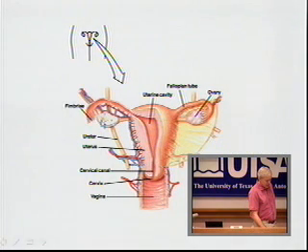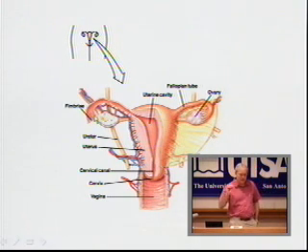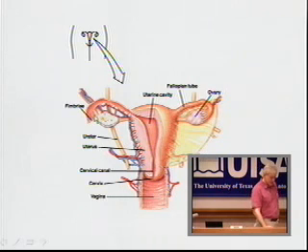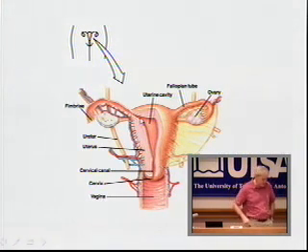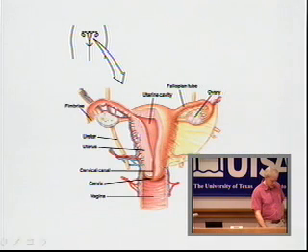Obviously, at ovulation, the ovulated ovum is going to be close to the finger-like projections of the fornix, the fimbria, and then it will be captured and proceed through the fallopian tubes toward the uterus. And we see the body of the uterus here and the cervix here.